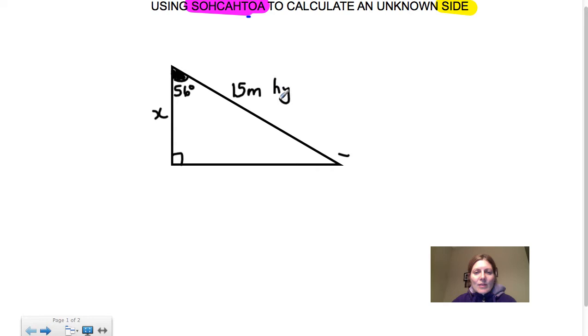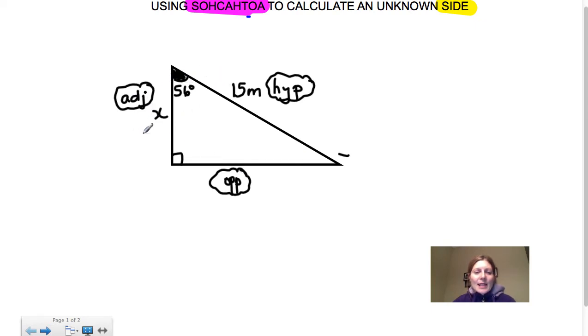This side X is attached to the angle, so it is considered my adjacent side. And the side that's opposite the angle, way across the triangle, is considered my opposite side. Now the hypotenuse always stays the hypotenuse. The other two sides can switch names depending on which angle I'm talking about.